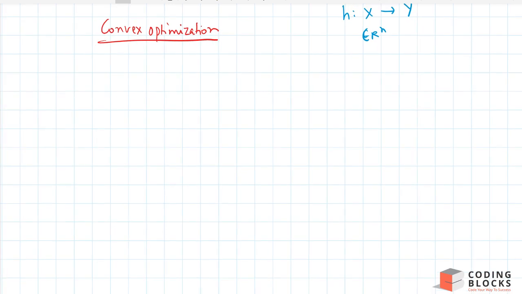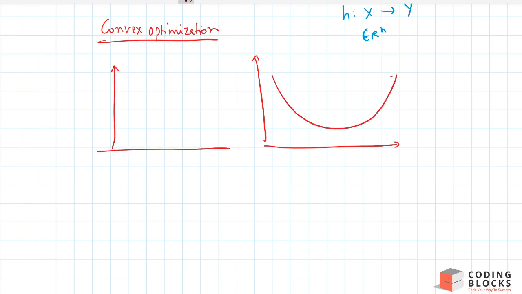So let us first see what a convex function is. Suppose this is a function and this is one more function, and I would say that this is a convex function and this is not a convex function.